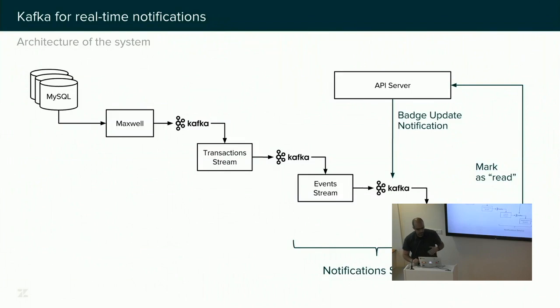So each device, imagine you as a user can have 2 different devices. Those 2 devices will be registered against our system. So when we are about to send the notification, we are going to get all the devices that are registered for that user, and we are going to push to each one of them. Then it's on the user to decide if he wants to receive notifications or not on that device.